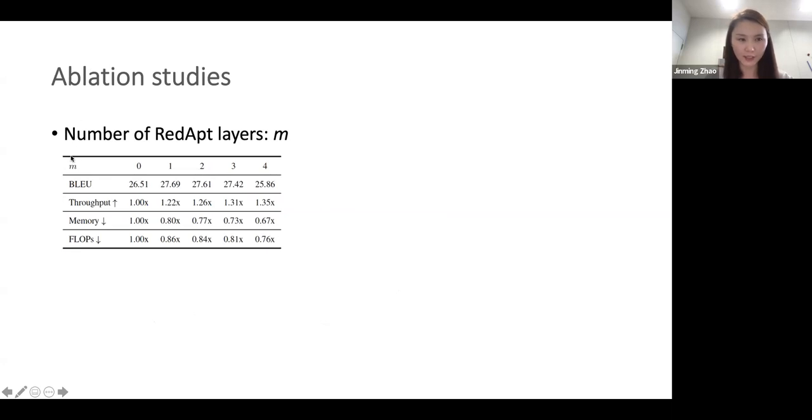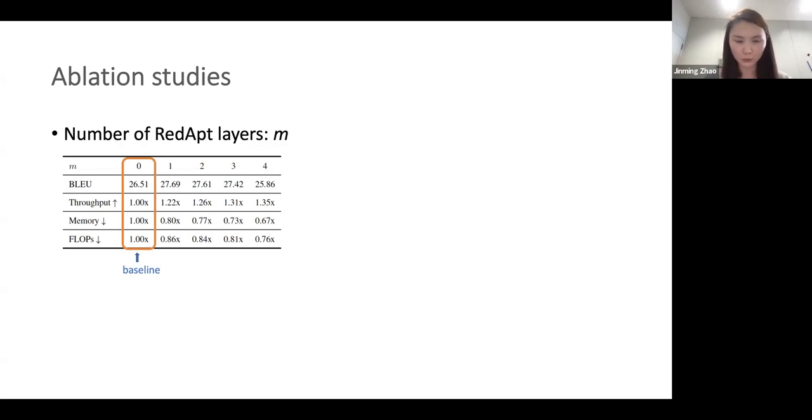Firstly, we look at the impact of the number of RedApt layers, denoted as M. We set the values for M from 0 to 4. When M is set to 1, this is our baseline. It means that we use the vanilla wav2vec tool.